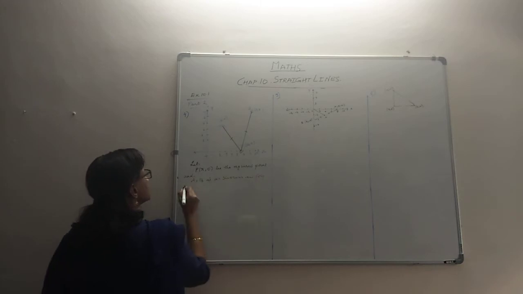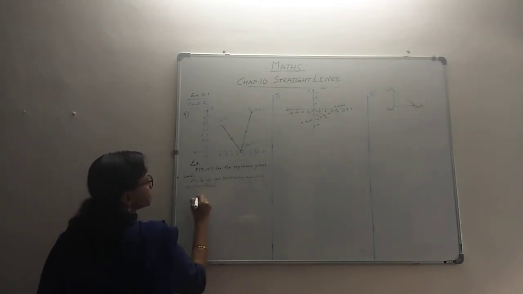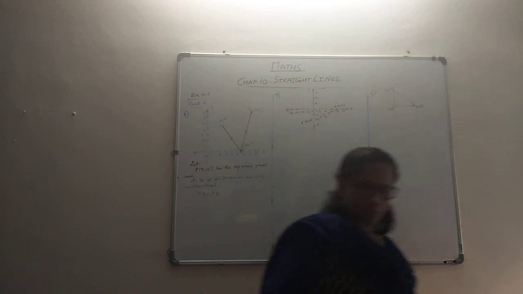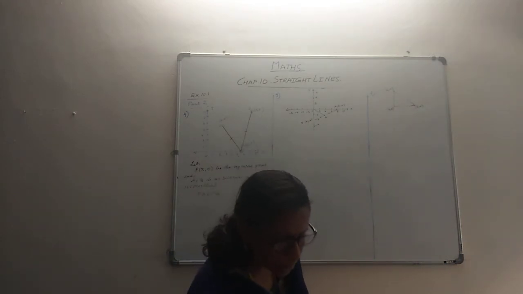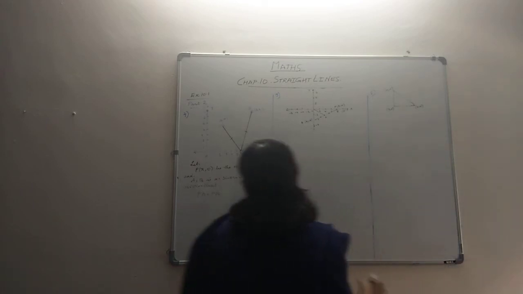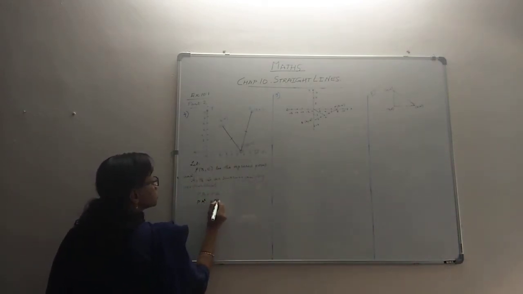Now from the given, we have PA equal to PB. So that means distance between P and A is equal to distance between P and B. That's as good as writing PA squared equal to PB squared, because we know the distance formula.